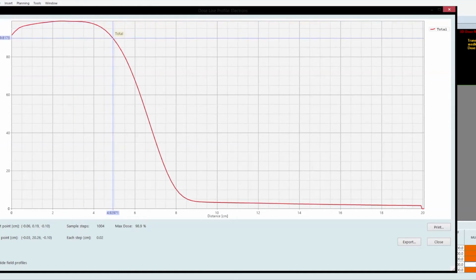So we have this very large range for Dmax. And D90, my clinically treatable range at 90%, is almost 5 centimeters. So if the physician prescribes at the 90% isodose line, you can imagine that 90% isodose line becomes my prescription, so I get total prescription dose at the skin surface.